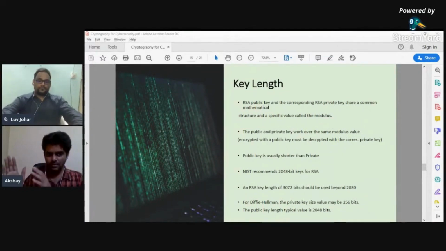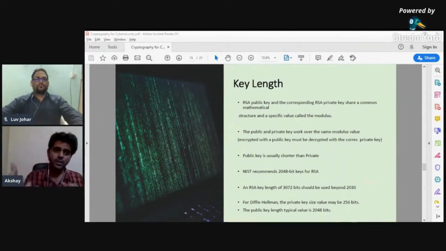But for the popular Diffie-Hellman and RSA, this is the recommendation. Again, it is up to your risk appetite and your feasibility in your organization to determine the length of the key. I hope this gives you clarity about key lengths.